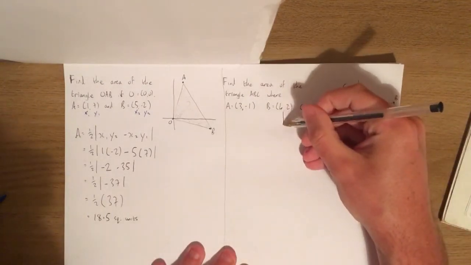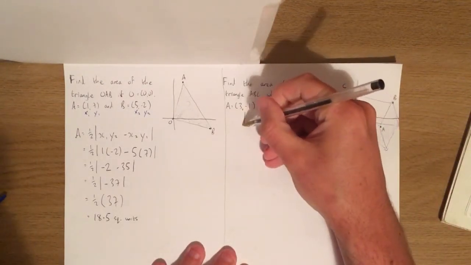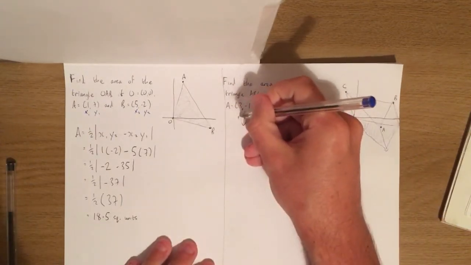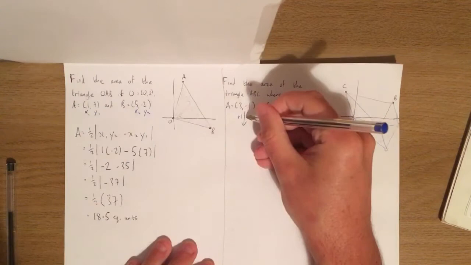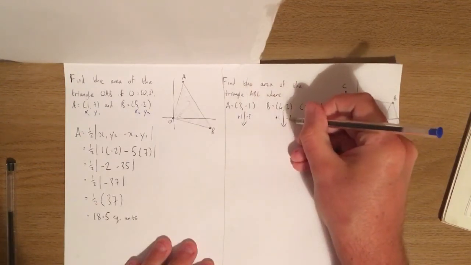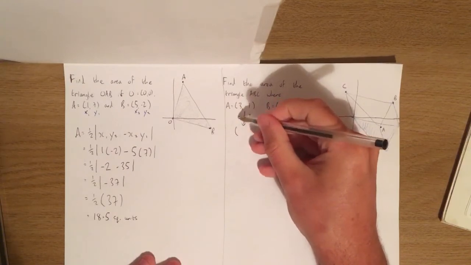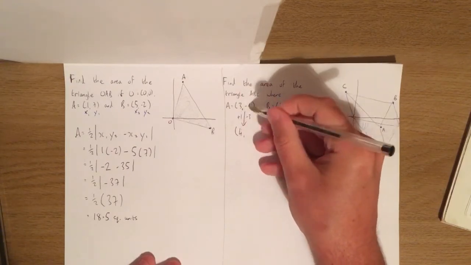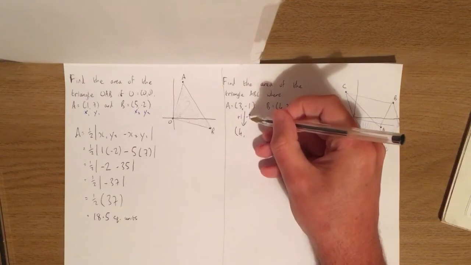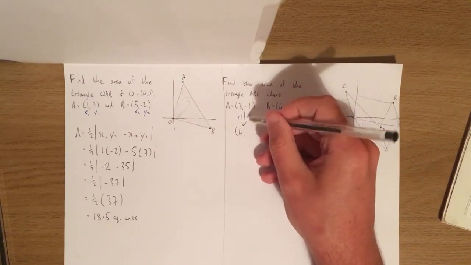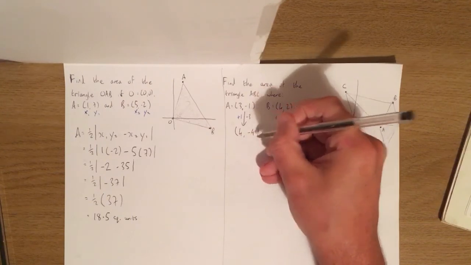So for B and A, I'm going to do the same thing. I'm going to add 1 to the x coordinate and subtract 3 from the y coordinate. So 3 plus 1 is 4. -1 minus 3, on the calculator, that's the type of thing which you sometimes make a little slip on, but -1 minus 3 is -4.